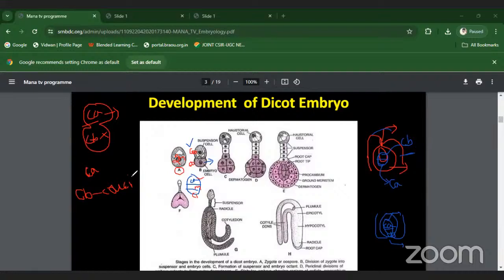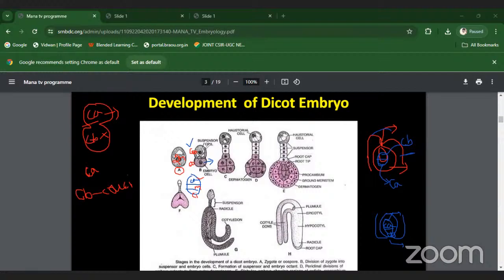Anyway, here we will see the different stages in the development of the embryo. Capsella bursa-pastoris embryo development is also given in our theory book. In this diagram, what you see in this slide is Capsella bursa-pastoris development. First, the apical cell CA divides transversely and a two-celled pro-embryo is formed.